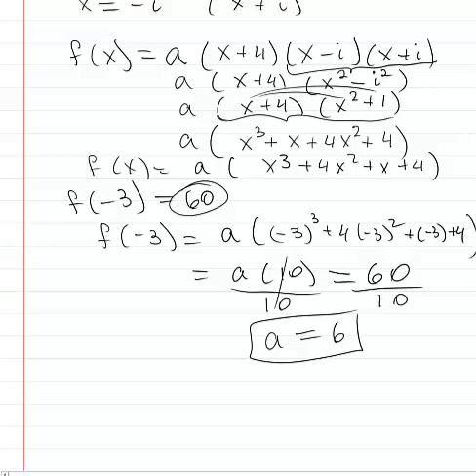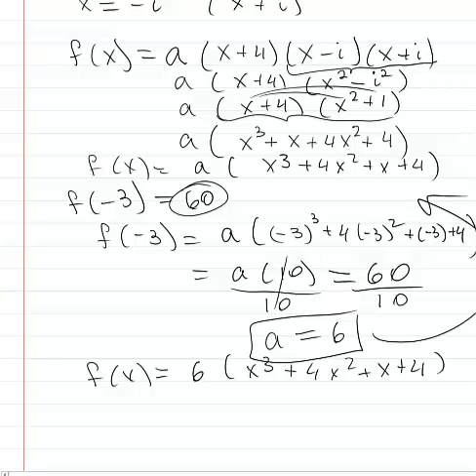So if a is 6, then I know that f of x has to be 6 multiplied by that polynomial x cubed plus 4x squared plus x plus 4, which is right here. So therefore, the answer would be answer choice A, which is 6x cubed plus 24x squared plus 6x plus 24. So that's the result.